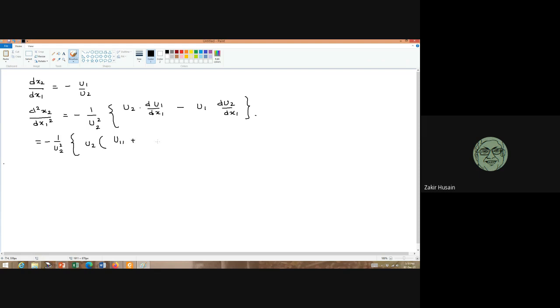The other way is when dx1 changes, then dx2 changes, and when dx2 changes, then u1 will change. What is this term? This is u12. And what is this term? Minus u1 by u2.